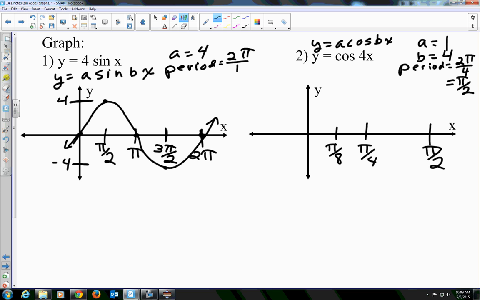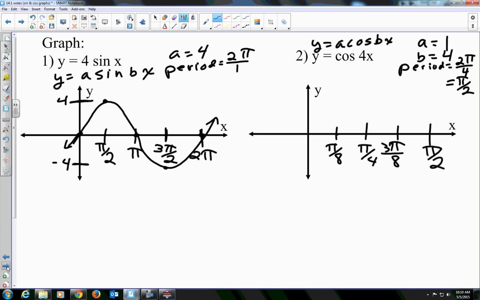Okay, gotta add some fractions here. What's pi over 8 plus pi over 4? 3 pi over 8. Okay, another way to think about that. Here's 1 pi over 8, 2 pi over 8, which simplifies to pi over 4, 3 pi over 8, 4 pi over 8. So if you get that first quarter, each one has to be that. So you can just count, and that's another way to do it.